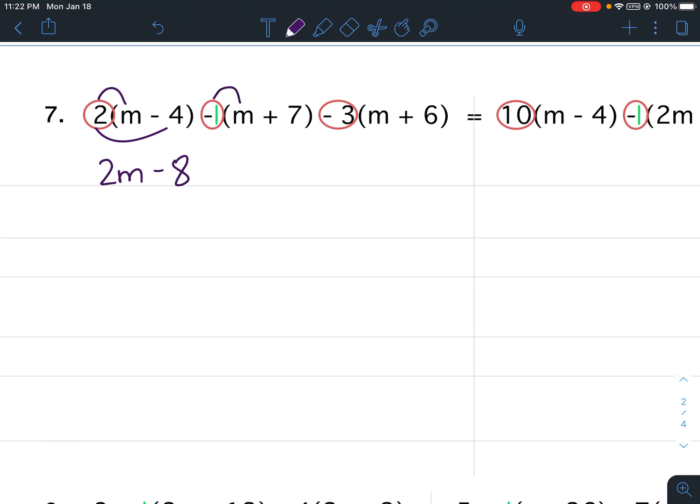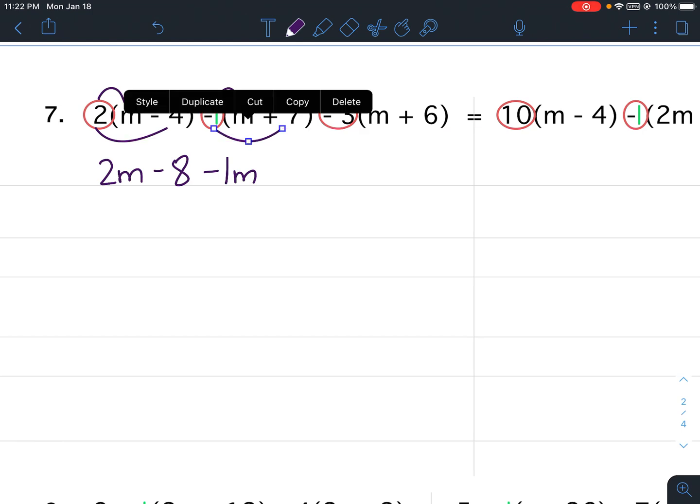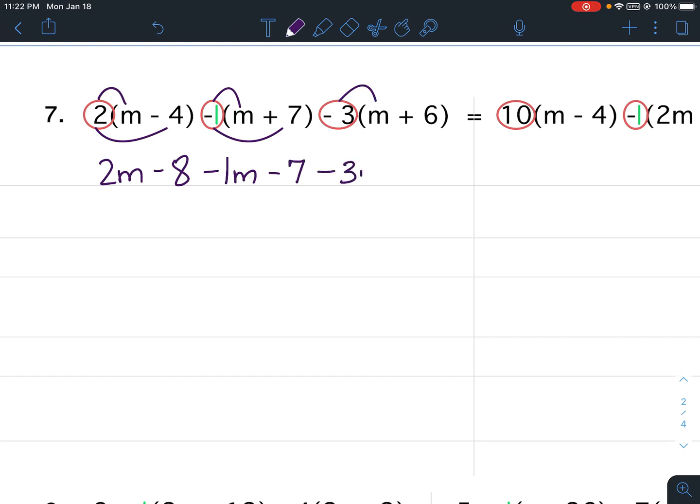Now I'm going to distribute -1. -1 times m would be -1m. -1 times +7 would be -7. -3 times m would be -3m. -3 times 6, -18.